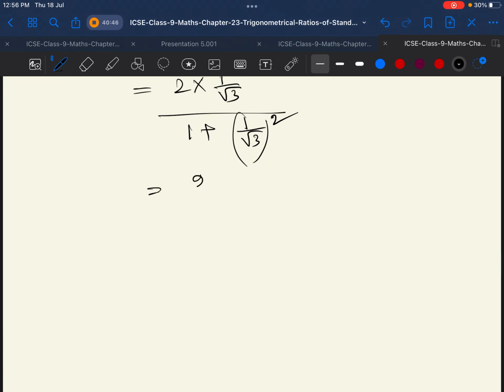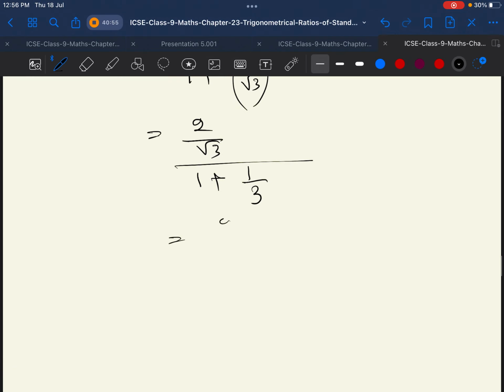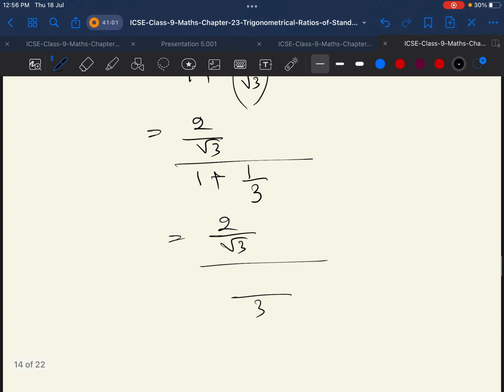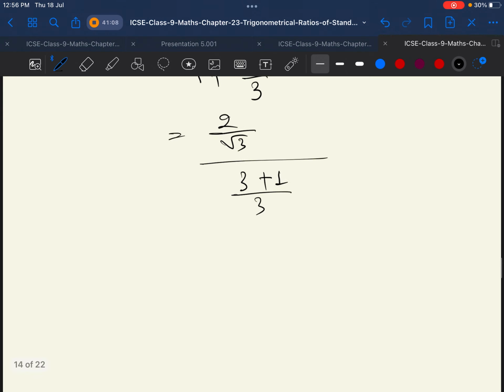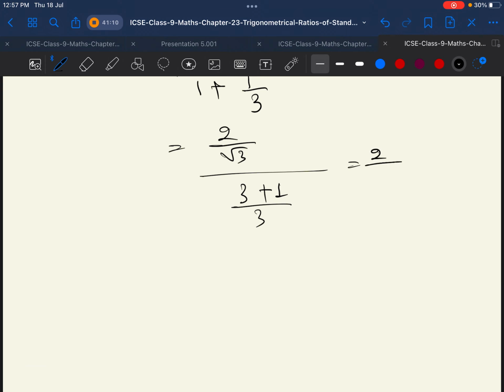So 2 by root 3 by 1 plus 1 by root 3 square will be 1 by 3. So 2 by root 3, here LCM 3 into 1 is 3 plus 1 by 3, so this is 2 by root 3 by 4 by 3.